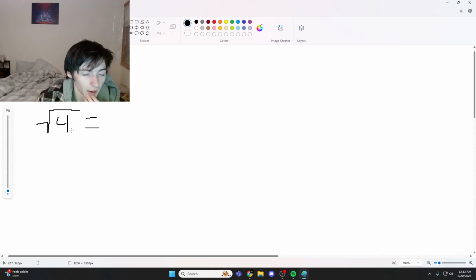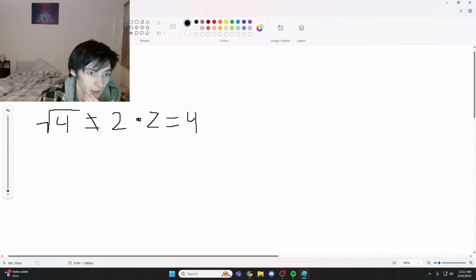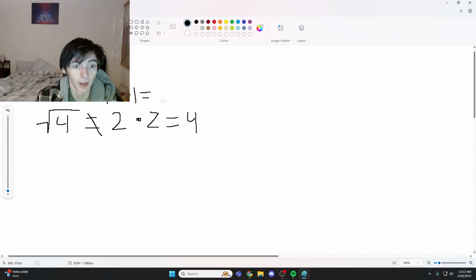In this case, it's 2, because 2 times itself is equal to 4. That's no longer true for negatives: there is no number multiplied by itself that will equal a negative number, because -1 times -1 is equal to 1. Negatives swing back around.